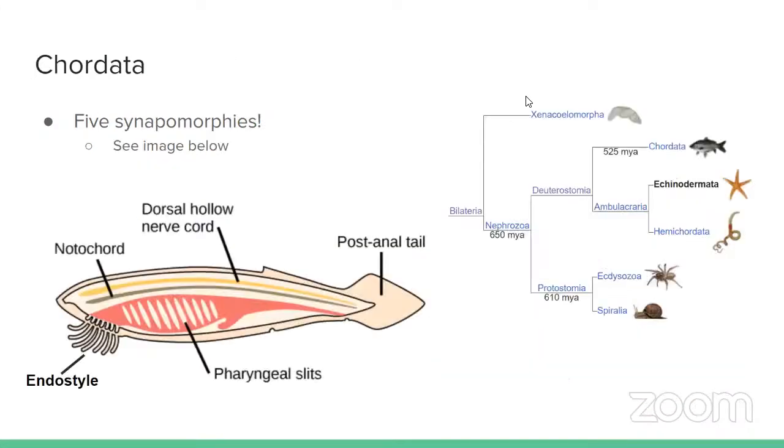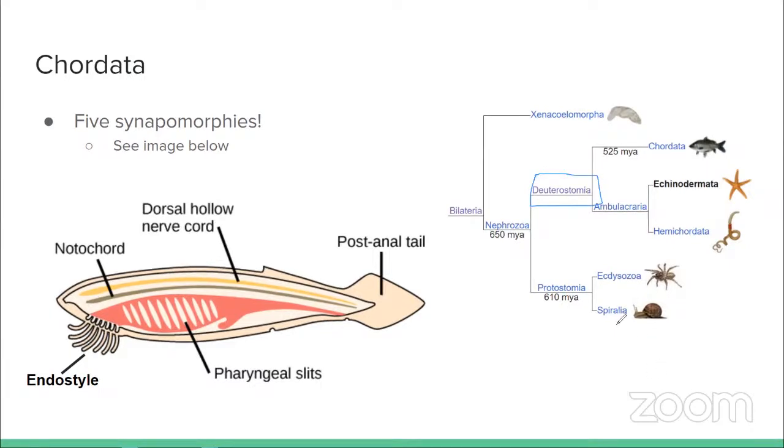So we're going to talk about deuterostomes first, because we are deuterostomes. Within our deuterostomes, you can see Deuterostomia, our sister to Protostomia. You can see that split is happening before our Cambrian, but not a ton before our Cambrian.